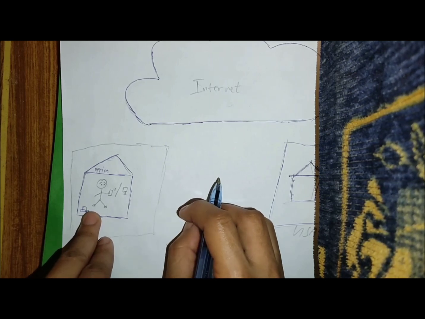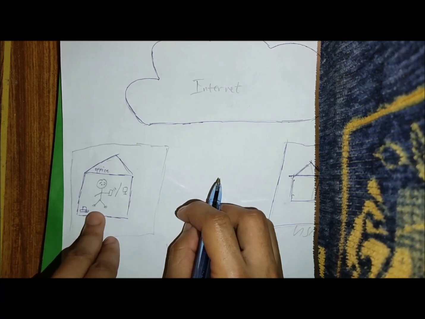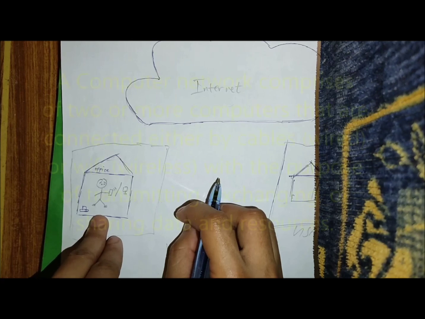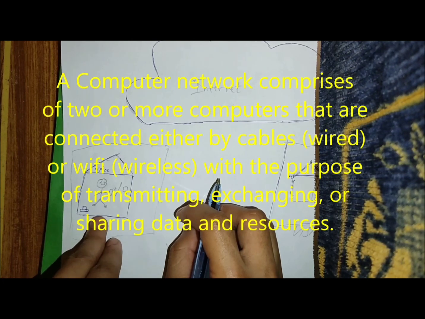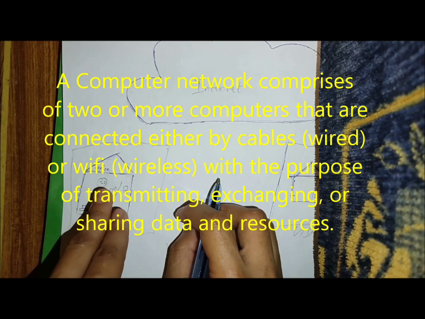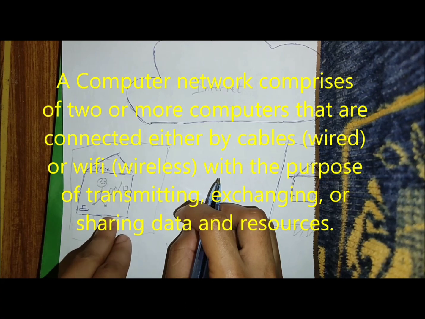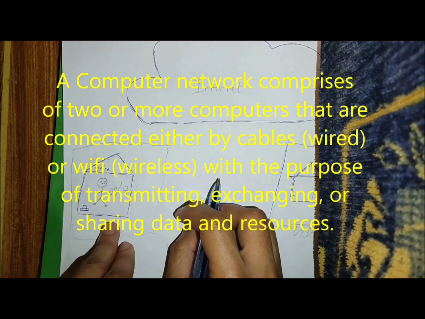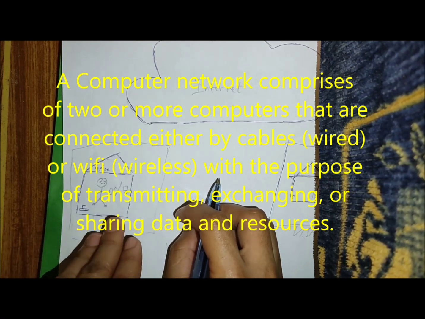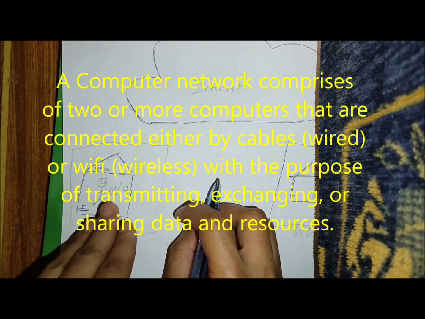It is still defined as network, because again, the definition of computer network comprises two or more computers that are connected either by cables or Wi-Fi with the purpose of transmitting, exchanging, or sharing data and resources.